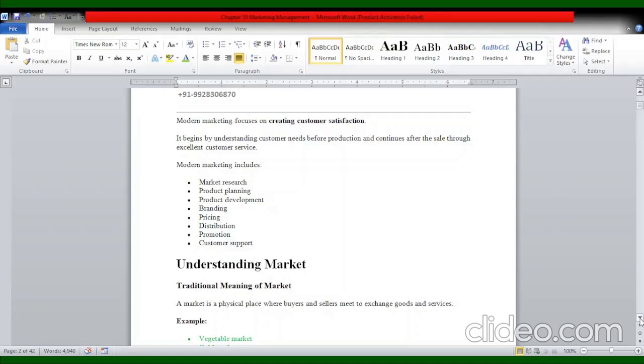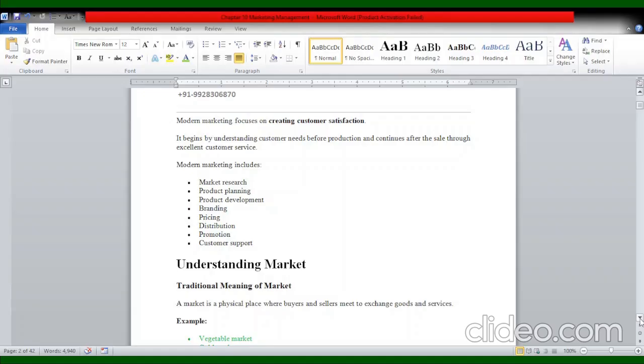So modern marketing is not confined to just the traditional way of selling the product, and that's it. Modern marketing focuses on before production and continues after selling, so that customers are delighted and satisfied, and more business through repeat business can be acquired. So in this way, you can do your modern marketing.